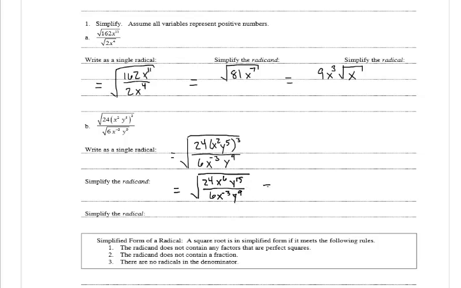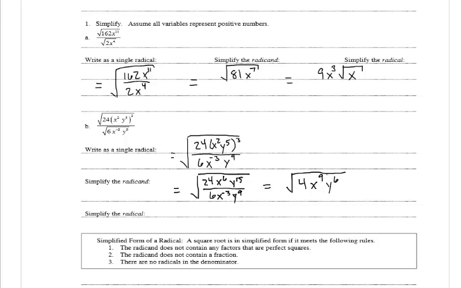Now 24 divided by 6 is 4, so we have the square root of 4. x to the 6th divided by x to the negative 3 is x to the 9th, and y to the 15th divided by y to the 9th is y to the 6th.